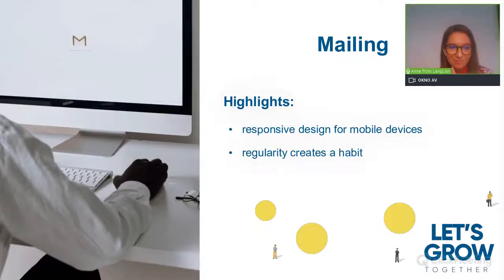Okay, next one is mailing. I will not talk too much about it. You just have to collect a newsletter list, create good content, and send it out in a nice form to your subscribers.